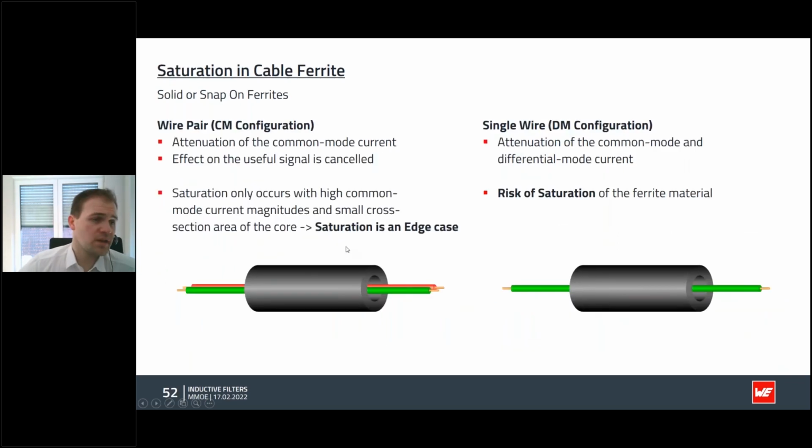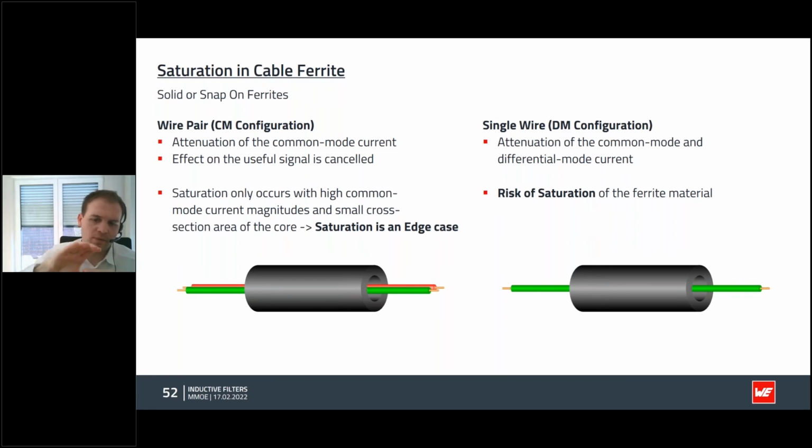Then we have also the cable ferrites. Cable ferrites are again sensitive to the transmission mode of the current going through. Again, for the common mode configuration, so we have the current and the return path, you will have almost no saturation of the core, or let's say the saturation is at least an edge case, because you will not have the same balance between the two lines as you have with a common mode choke.